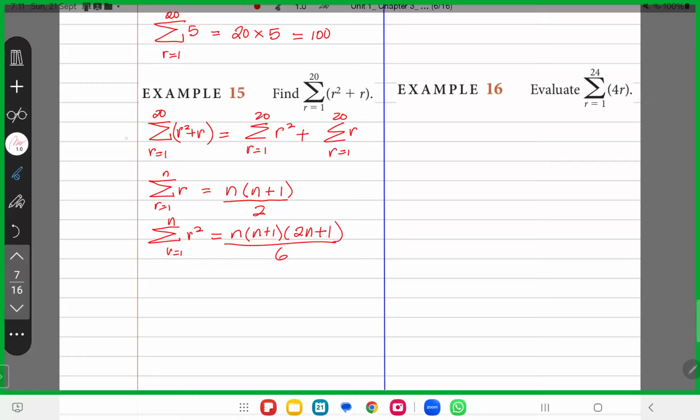Now, in the context of our question, this is therefore equal to the sum from R equals 1 to 20 of R squared plus R.